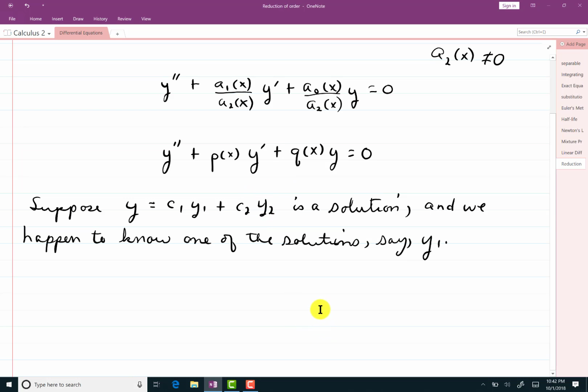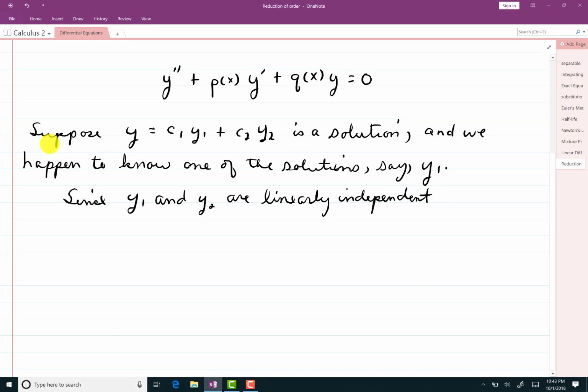One thing that you should know, since y1 and y2 are linearly independent, what I mean by that is if it so happens that c1 y1 plus c2 y2 equals 0, this implies that both c1 and c2 are equal to 0.